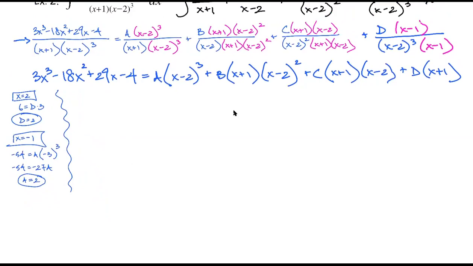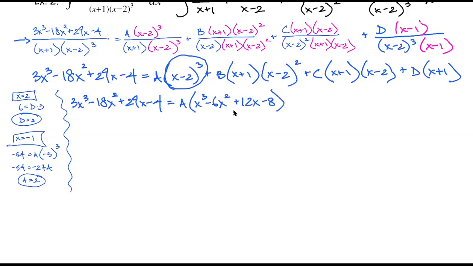All right, so what I mean by that is I'm going to keep the left-hand side, so 3x cubed minus 18x squared plus 29x minus 4 equals. And I'm going to go ahead and multiply this out. So x minus 2 cubed. And when I do that, I'm going to get a times x cubed minus 6x squared plus 12x minus 8.